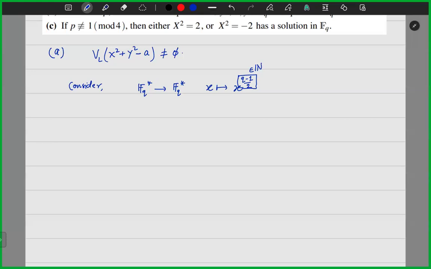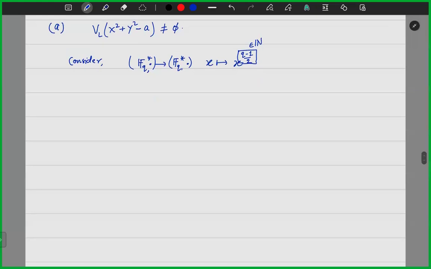Oh, is this true? This is a group homomorphism with dot. This is actually a group homomorphism because these are abelian groups. Now, what do you think about this homomorphism?